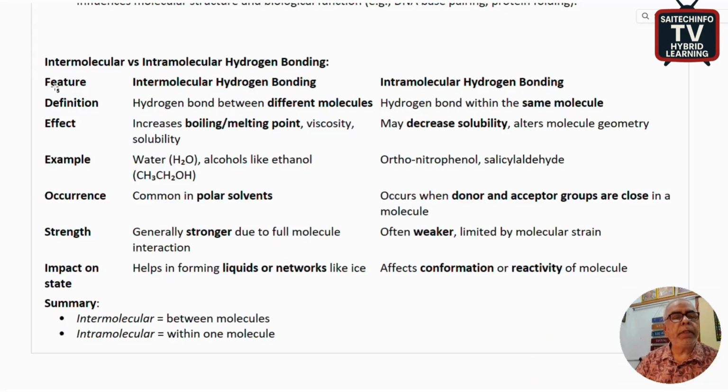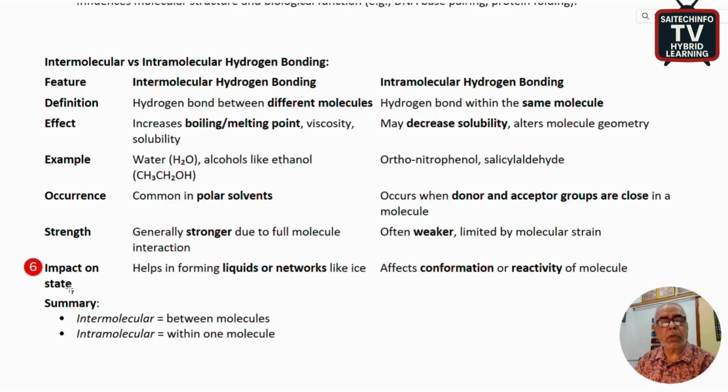Then, when we discuss the occurrence, as I already mentioned, this is common in polar solvents, whereas this occurs when donor and acceptor groups are close in a molecule. And strength wise, generally it is stronger due to full molecule interaction, whereas intramolecular hydrogen bonding is weaker because it is limited by molecular strain.